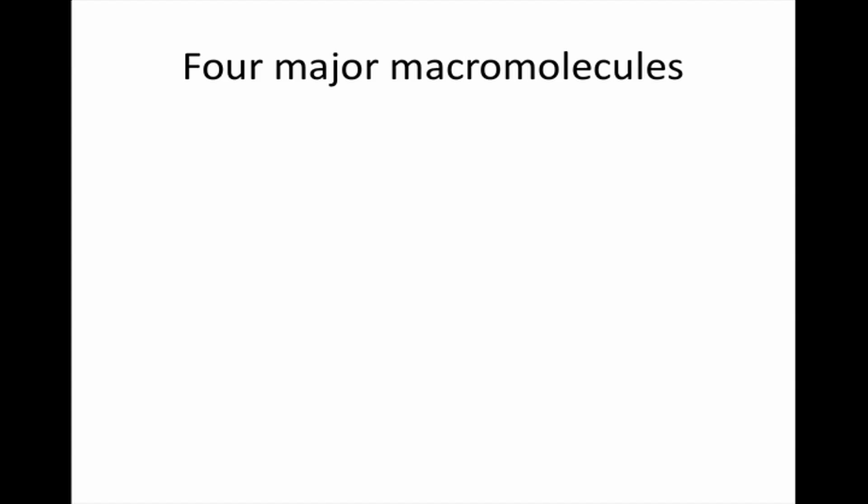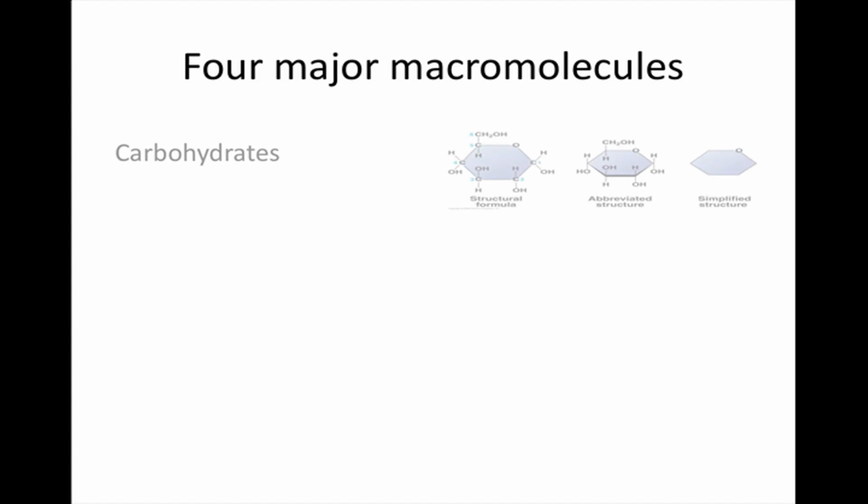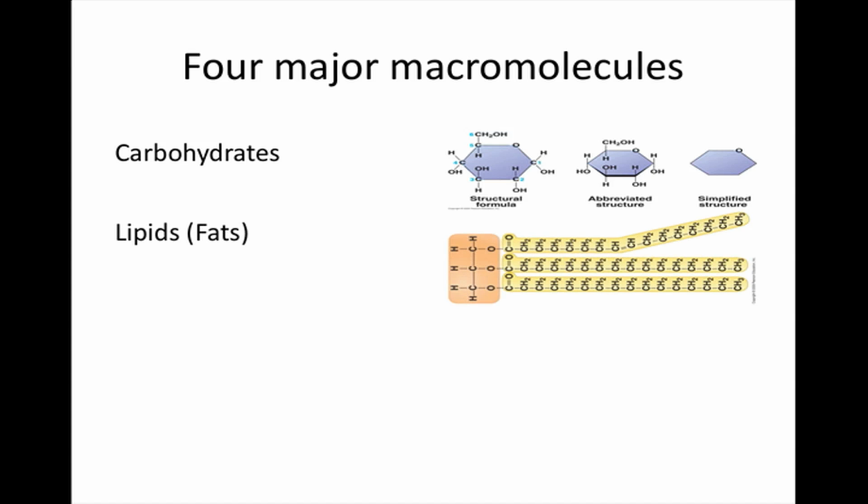Four major molecules are found in great quantities in all organisms. First are carbohydrates, which are our main source of energy to sustain life and perform activities. Lipids, also known as fats, are used for both energy and a source of materials to create a barrier used for separating different environments.